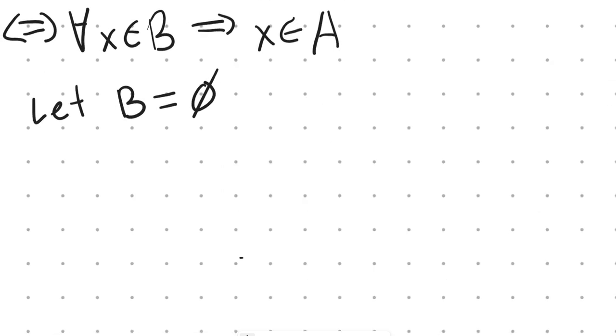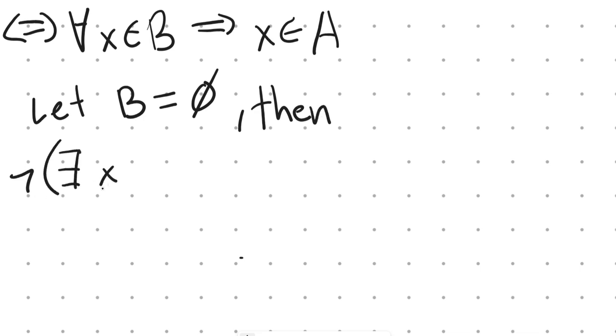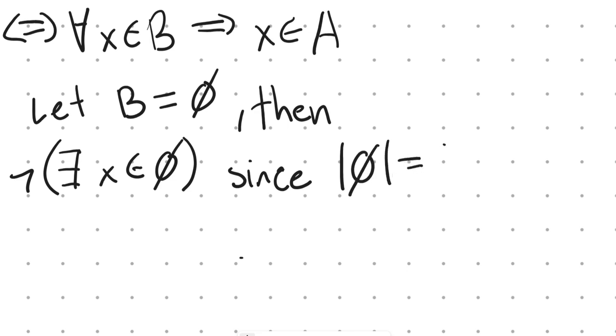Then there exists no X in an empty set, since the cardinality of the empty set is 0. Since nothing is inside, no object can by any chance be inside this empty set.